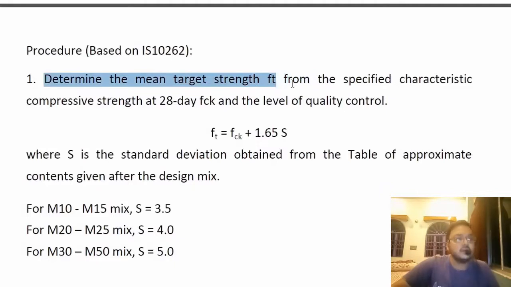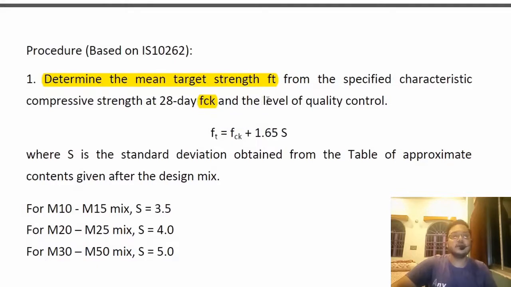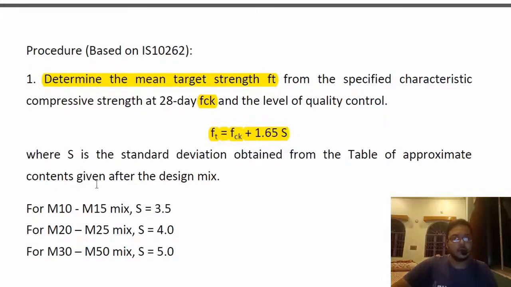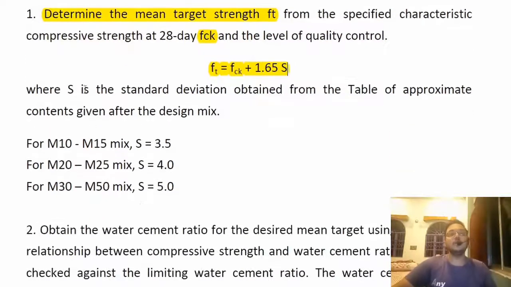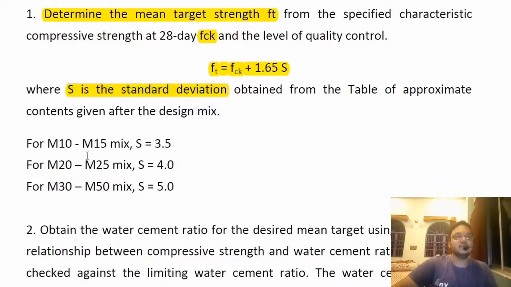First is to determine the target mean strength Ft from the specified characteristic compressive strength at 28 days, FCK. So we know the 28 days FCK and the level of quality control, and we can calculate the target mean strength by using this particular formula: Ft equal to FCK plus 1.65 S, where S is the standard deviation.